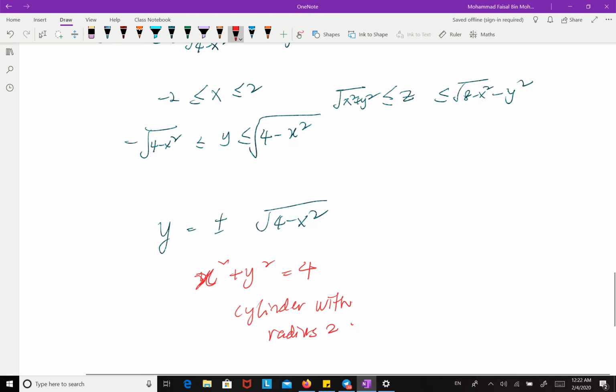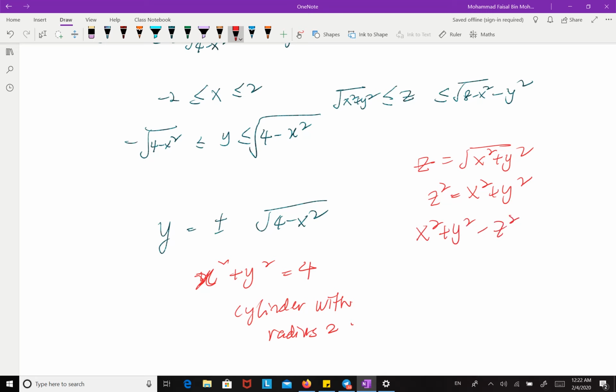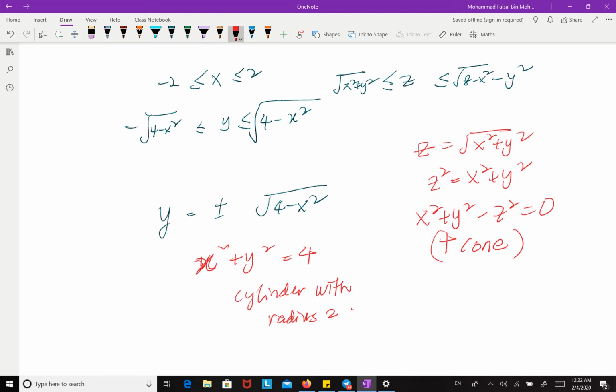Next, for z equals square root of x squared plus y squared, this is a cone along positive z. Then we have another one, the upper bound z equals square root of 8 minus x squared minus y squared.